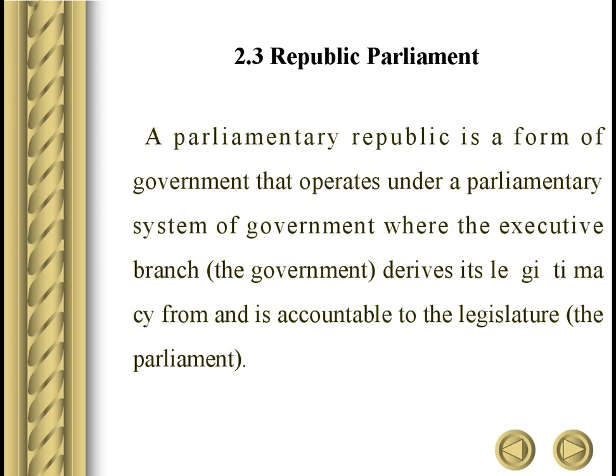The parliamentary republic is a form of government that operates under a parliamentary system, where the executive branch derives its legal power from, and is accountable to, the legislature. The parliamentary republic is characterized by the principle of leadership of parliament, and the government bears political responsibility for its activity.